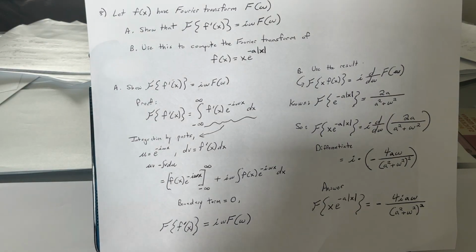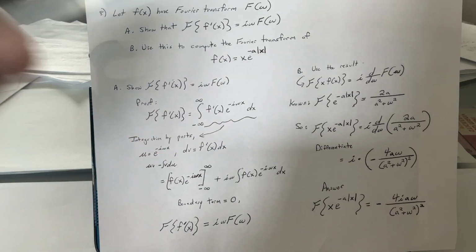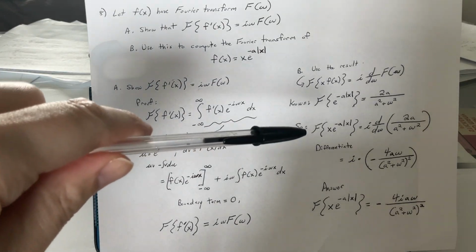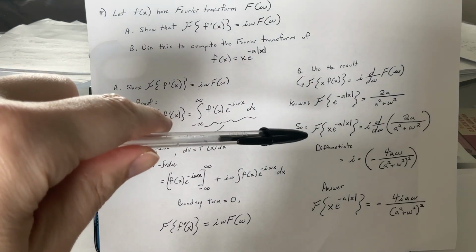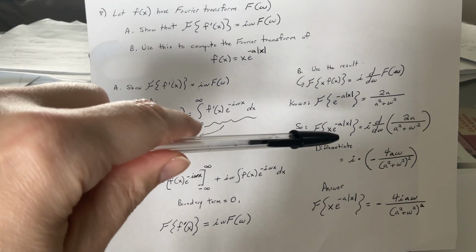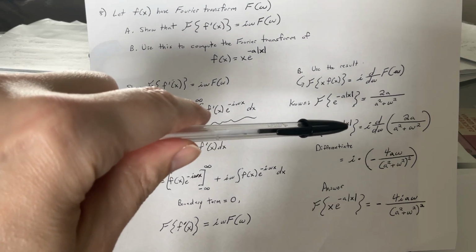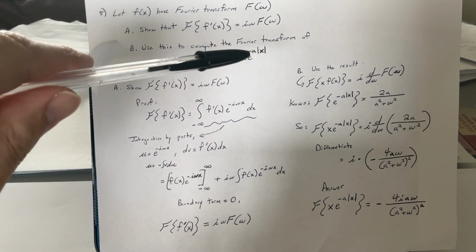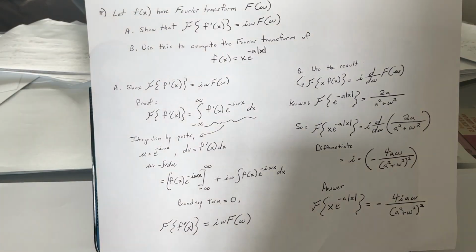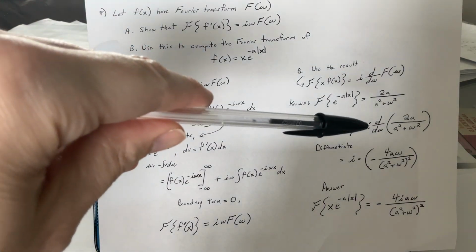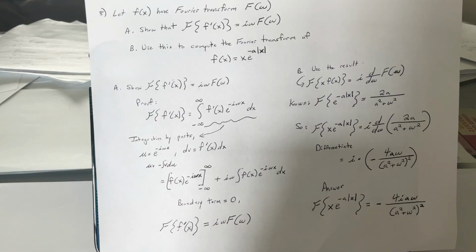So what we can do here, if we have the Fourier transform of x times e to the negative a times the absolute value of x, these are very closely related. This is going to be i times the derivative with respect to w of 2a over a squared plus w squared.